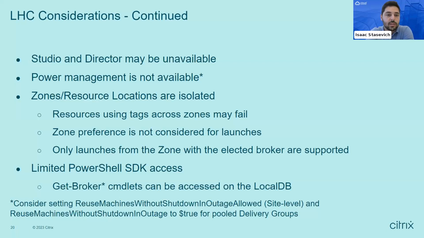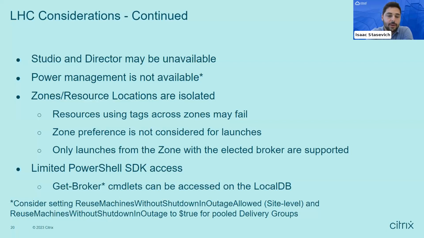So if we're doing things cross zone, something like tags that cross zones, we may have intermittent launch failures, and zone preference is not going to be considered during launches. To reiterate, only the VDAs in the zone where the broker is will be able to launch at that point.